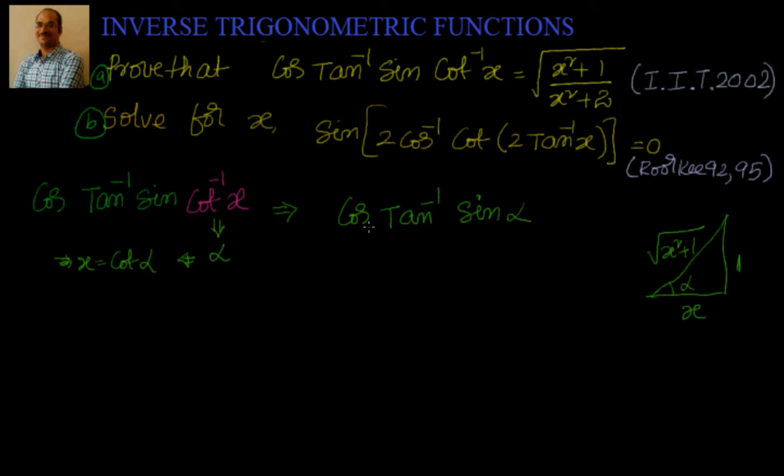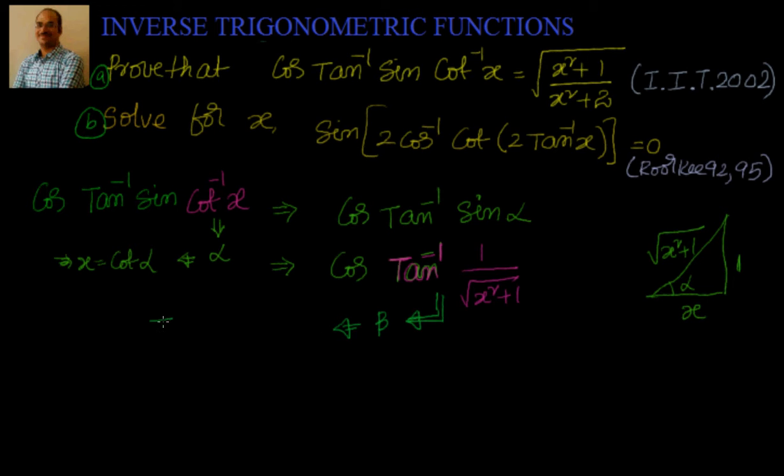Now what do I have to prove here? Cos tan inverse sine alpha is nothing but cos of tan inverse of sine alpha. What is sine alpha here? 1 by square root of x square plus 1. Now let us say this whole thing is equal to beta.